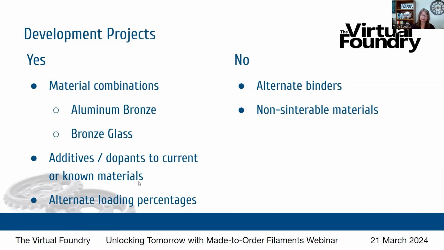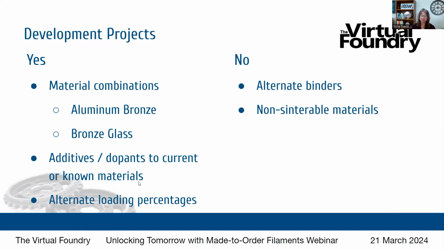Another example of a development project is a different level of base material loading. Our typical loading percentage by volume is 50 to 60%. As we've talked about earlier, we're always seeking the optimum balance between high material loading and printability, and that volume range of 50 to 60% is really where that lands.